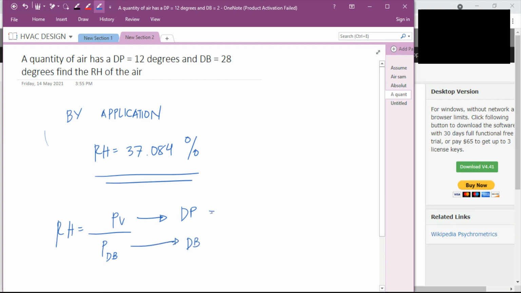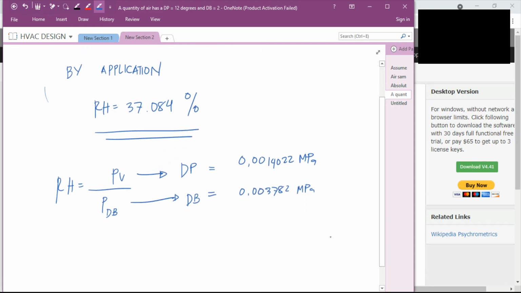Now, yung saturation pressures nila, tingnan mo, by tables, steam tables, that is 0.001402 MPa by reading. Ito naman, 0.003782 MPa by reading. And then we can now solve for RH. So RH is equal to 0.001402 divided by 0.003782 times 100.